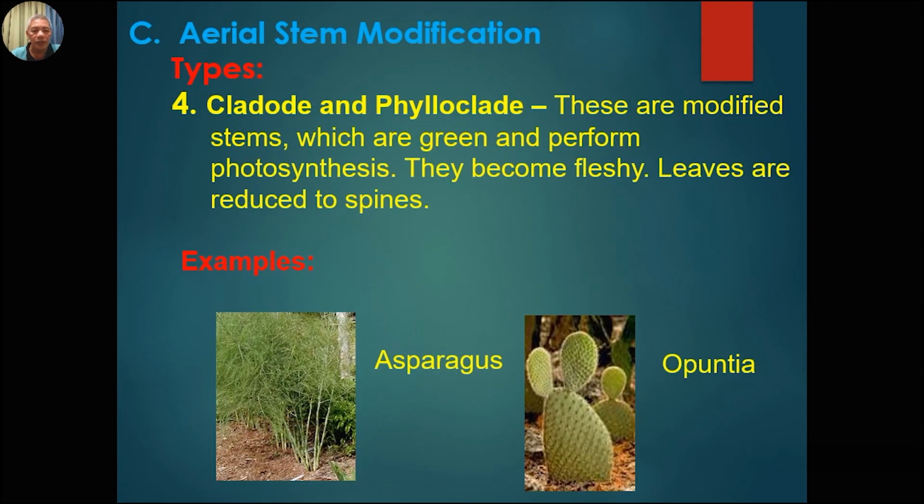The last one is cladode and phylloclade. These are modified stems which are green and perform photosynthesis. They become fleshy, and leaves are reduced to spines. Very common examples are asparagus and the opuntia. I am pretty sure you have seen the opuntia and you have seen asparagus.